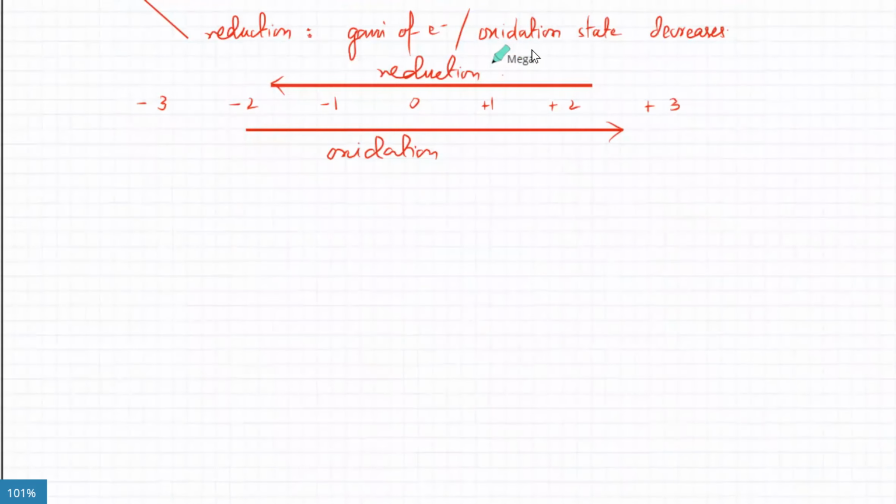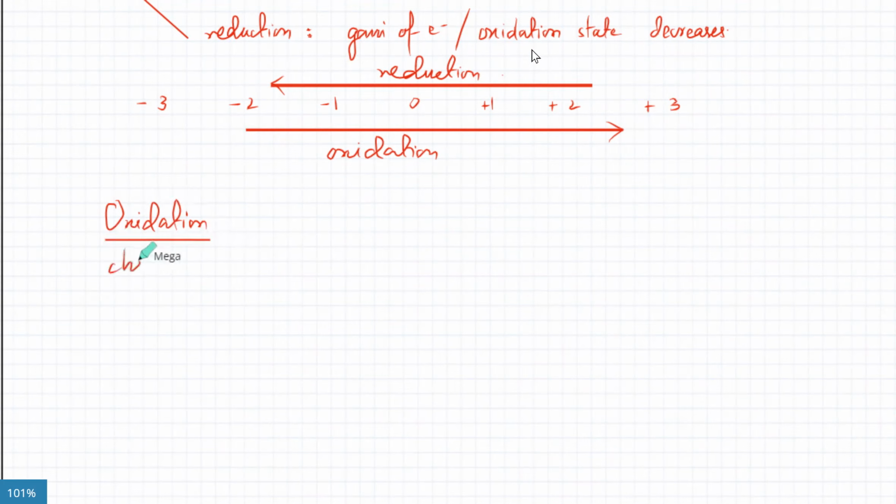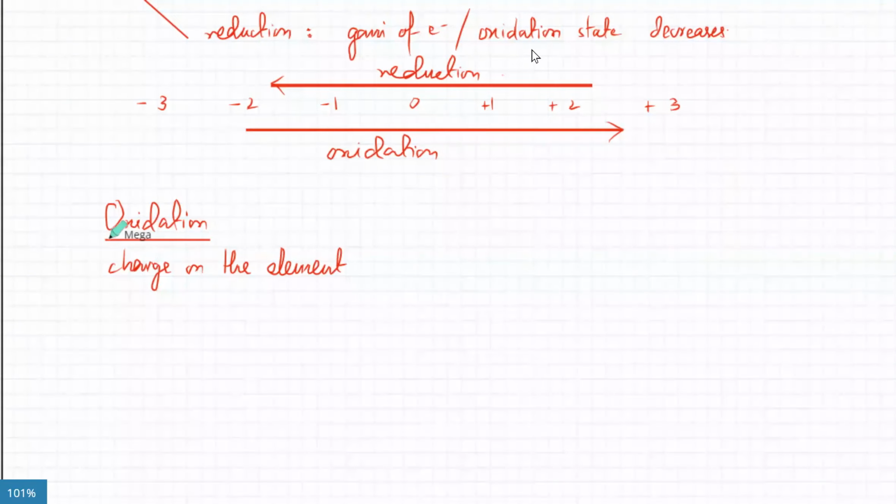Now, the first very quick point is what's the difference between oxidation state and the actual charge? The oxidation state is the charge on the element if the compound is treated as if it's ionic. It's not always the actual charge.